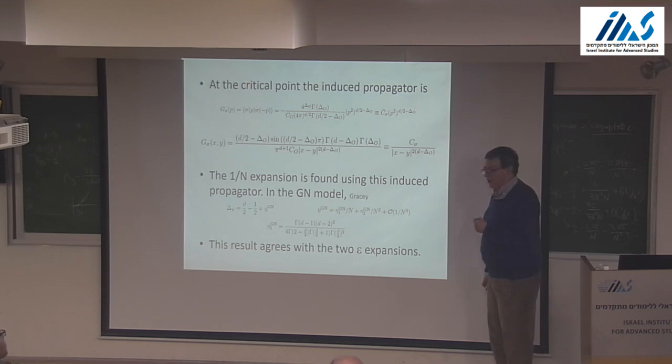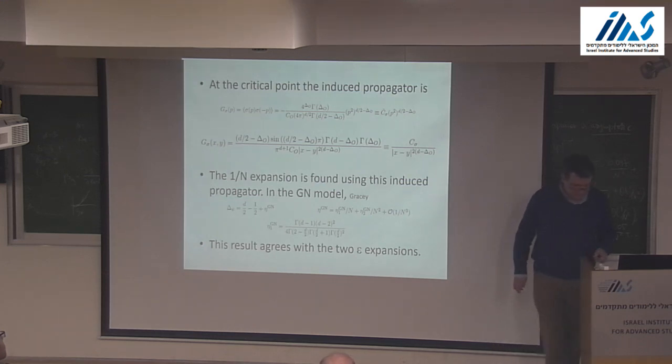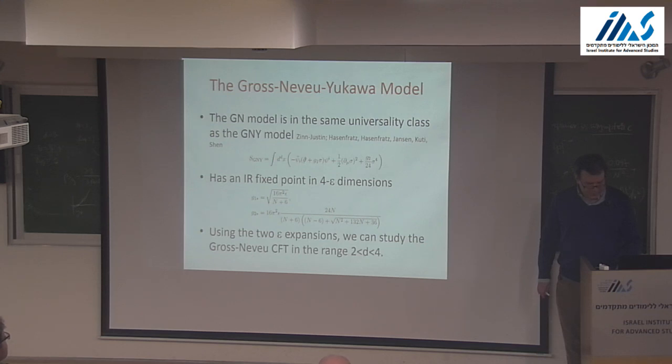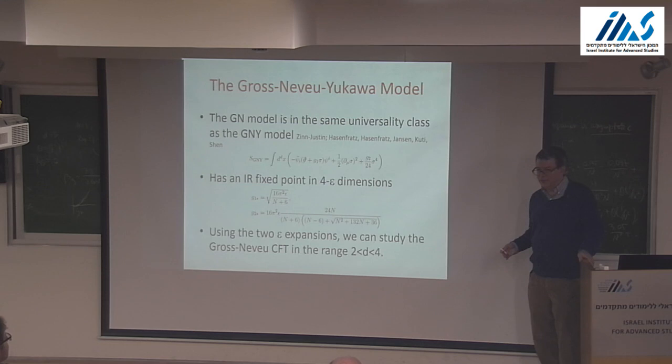But what about 4 minus epsilon expansion? And here actually came a nice idea, which is already many years old too, and it goes by the name of Gross-Neveu-Yukawa model. So basically, the truth is that this theory with a non-renormalizable interaction has a nice UV completion in terms of a fully renormalizable theory below 4 dimensions.